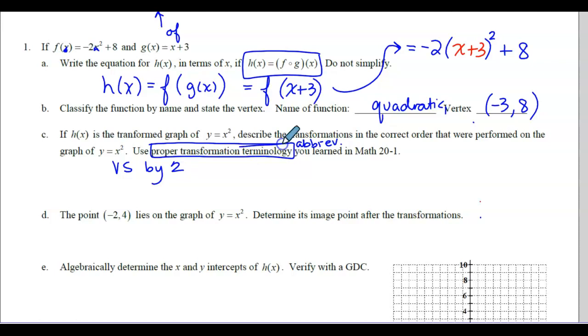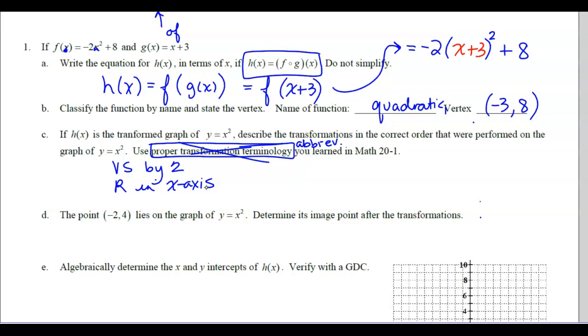Okay, so I'm crossing that off for right now. Then it's negative, so that's a reflection in the x-axis. And then your translations. You're going left 3 and up 8.